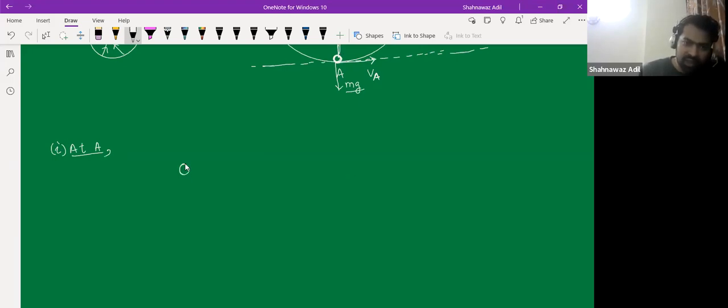We have this particle of mass m. One force is mg, the other one is the centripetal force, and then we have this tension, tension at A. So can you guys tell me what is the principle or the law that we are going to apply?